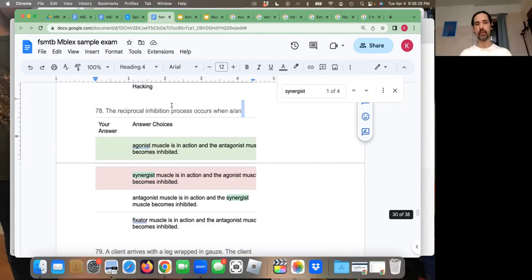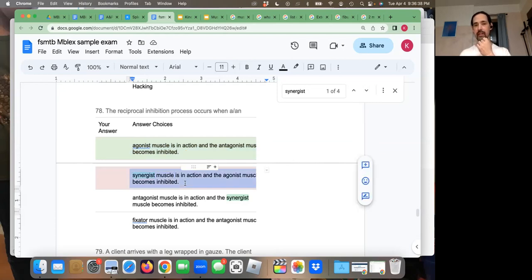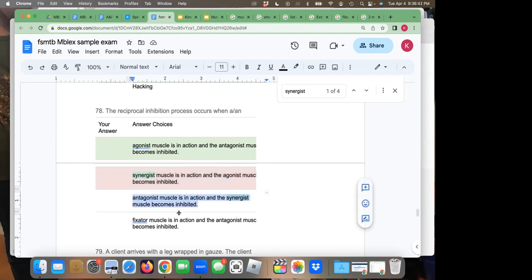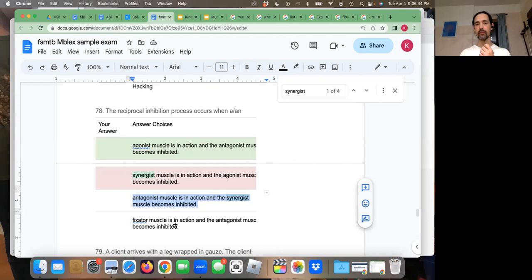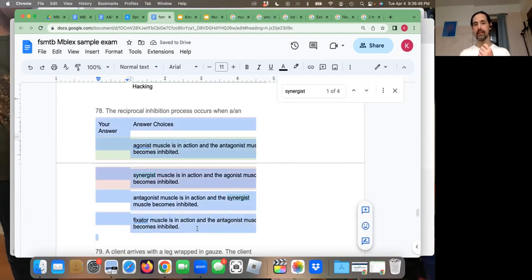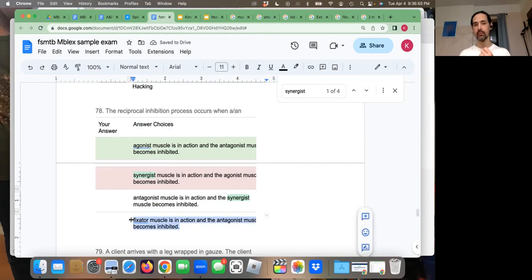The reciprocal inhibition process occurs when an agonist muscle is in action and the antagonist muscle becomes inhibited. Synergist muscle is in action and the agonist muscle becomes inhibited. Antagonist muscle is in action and the synergist becomes inhibited. The fixator muscle is in action and the antagonist becomes inhibited. Which one?